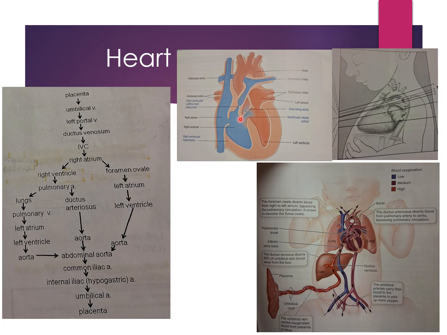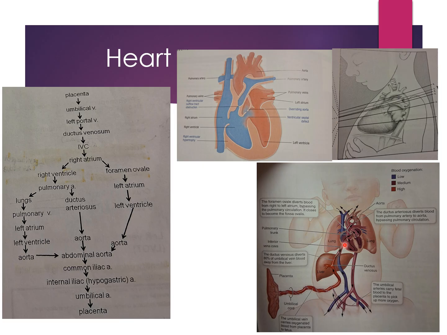And again, if we go through the foramen ovale, we're going to go left atrium, left ventricle, up through the aorta, and down into the abdominal aorta. If we go into the right ventricle, we can either go into the pulmonary artery, ductus arteriosus, to the aorta, or we can go pulmonary vein, left atrium, coming in here, left ventricle, up through the aorta.